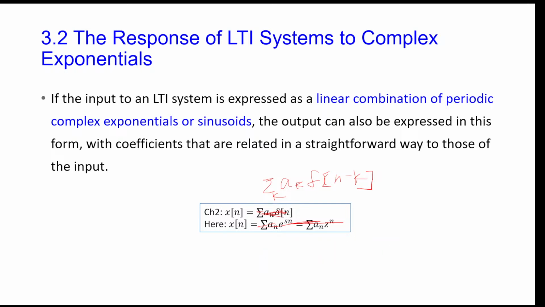Instead of that, we can write this as a sub z times z to the n, for some z, for different z.